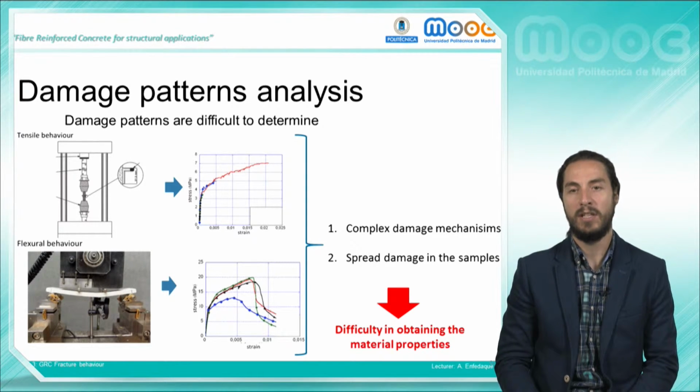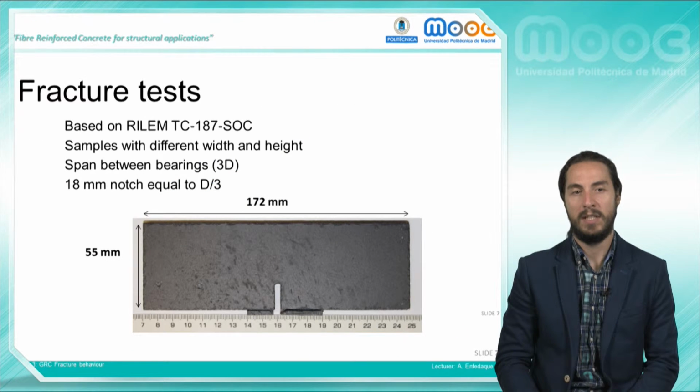These two factors cause great problems when we desire to obtain the properties of such material. Consequently, a modification of a previously well-known test that is also employed for cementitious material has been planned. Such a well-known test has been extensively used for concrete and is similar to that established in RILEM TC 187.